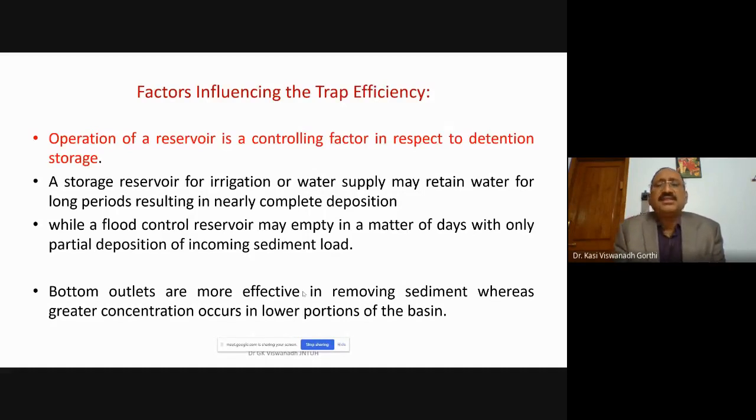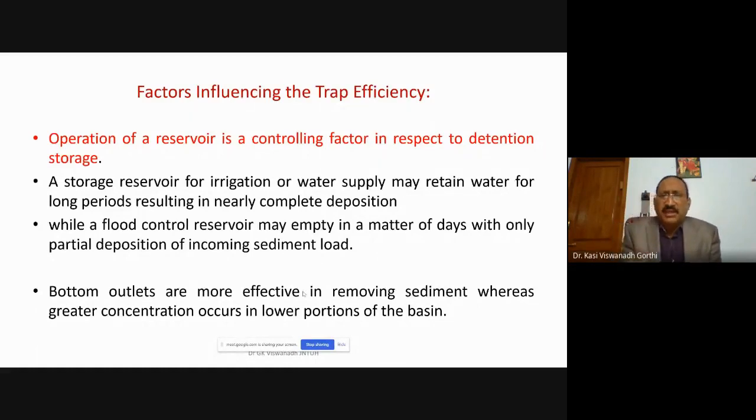What is the schedule of utilization of this water for various purposes? This is the operation. How many canals are there? Is there any power requirement? Is power generation there? Is there any downstream water requirement? What is the schedule? How the water should be let off or drawn from the reservoir to meet various requirements is the operation of a reservoir.